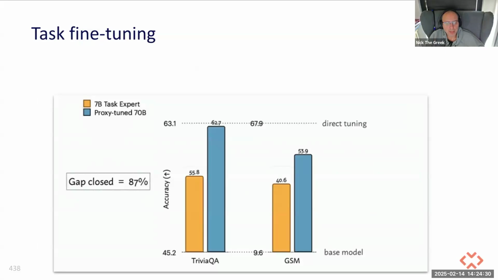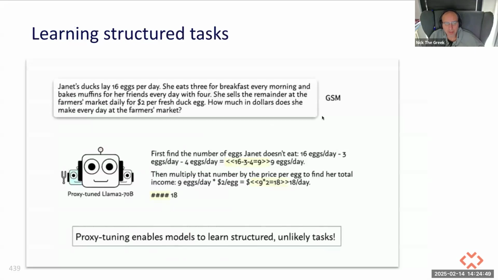And again, this is TriviaQA and GSM. You can see that there are big lifts between TriviaQA and the GSM benchmark by doing fine tuning. In some cases, you don't get as close to the direct tuning, but you still get a big lift.